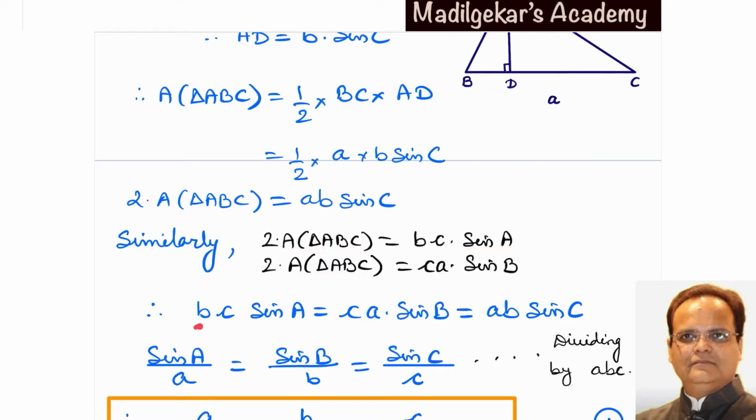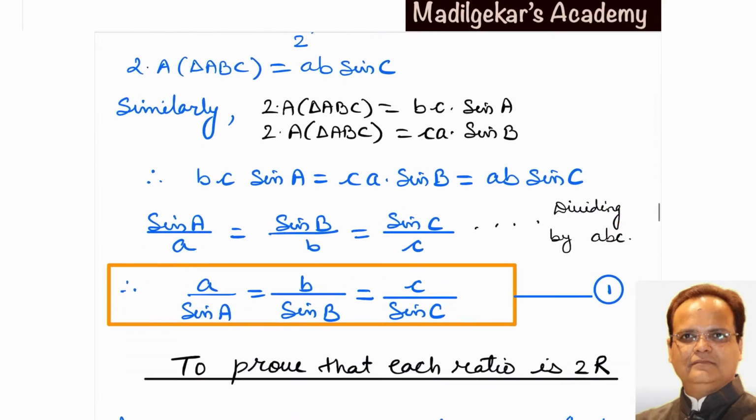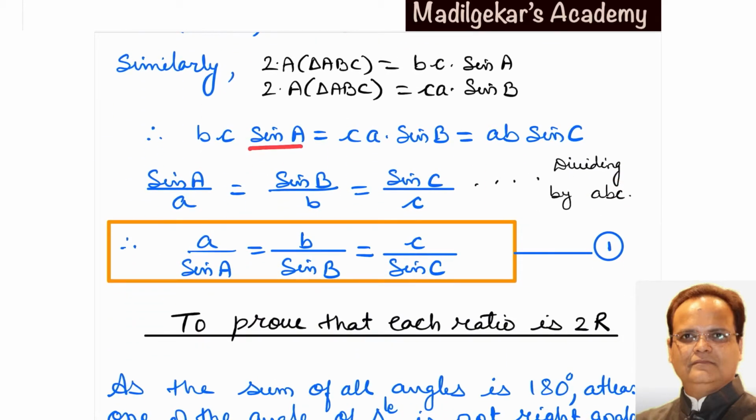So we have bc sin A equals ca sin B equals ab sin C. Divide all these three terms by abc. So we get sin A upon a equals sin B upon b equals sin C upon c. Taking reciprocals, we get a upon sin A equals b upon sin B equals c upon sin C.